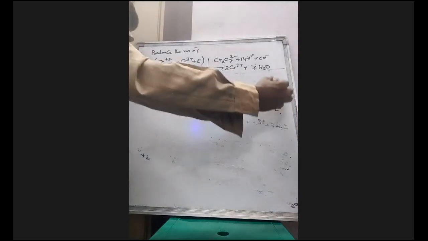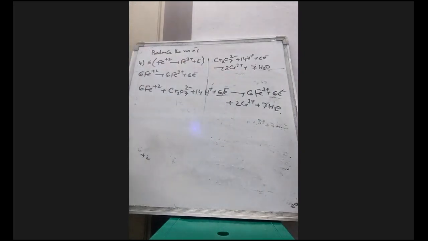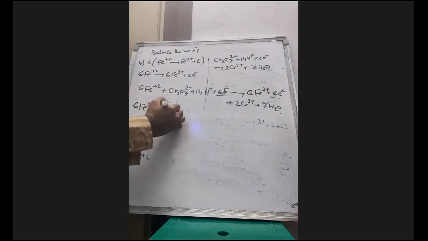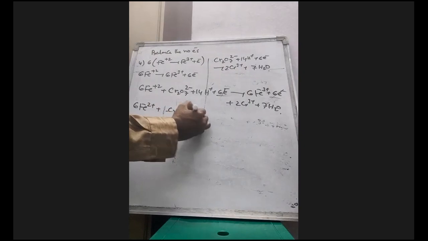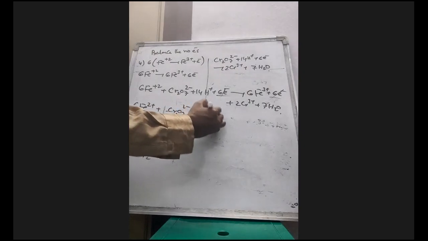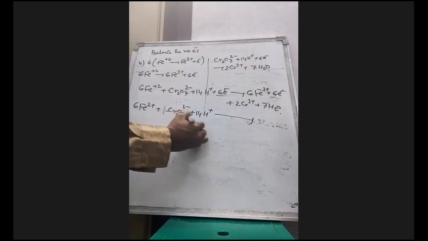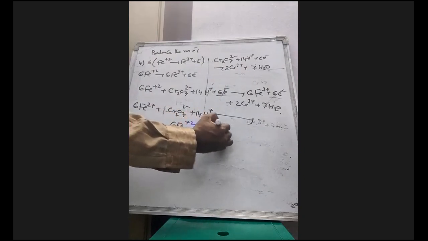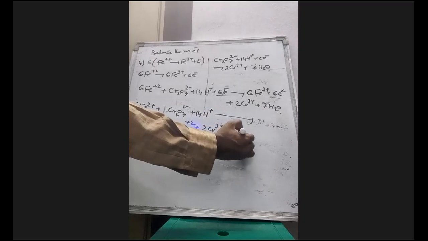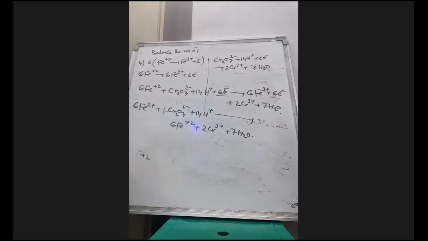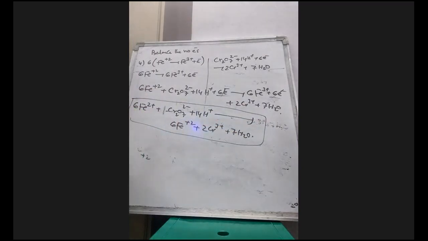The 6 electrons and 6 electrons get cancelled. So we get 6Fe2+ plus Cr2O7 2- plus 14H+ giving 6Fe3+ plus 2Cr3+ plus 7H2O. This is the balanced redox reaction.